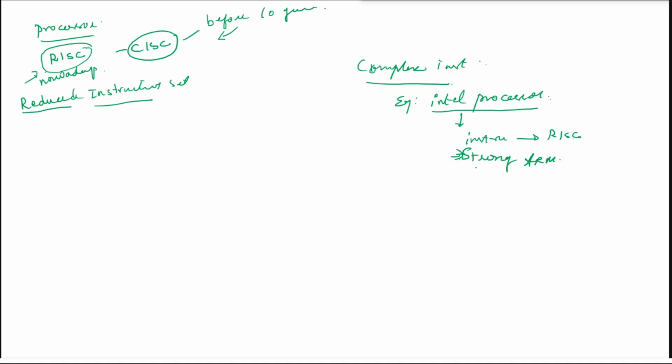Now the question is why all the microprocessor vendors have moved to a RISC-based architecture. That is the very big question. The actual answer is that when it is a reduced instruction set, one thing is the number of instruction classes is reduced.